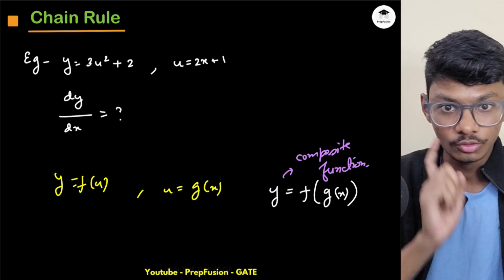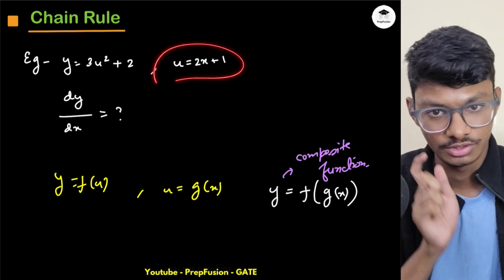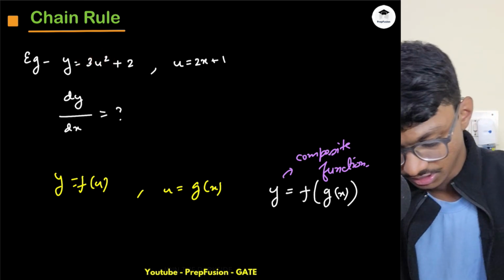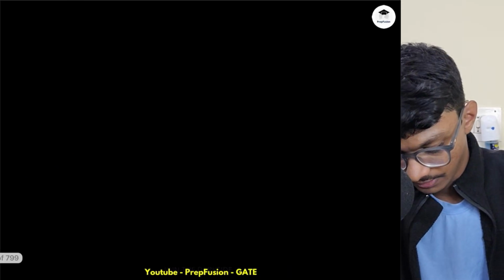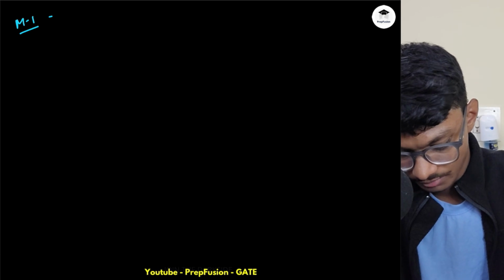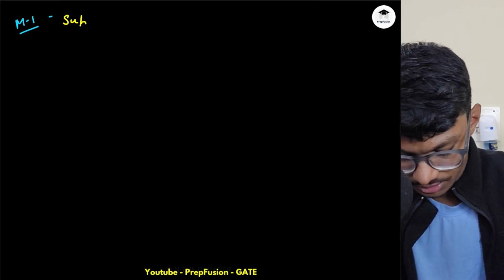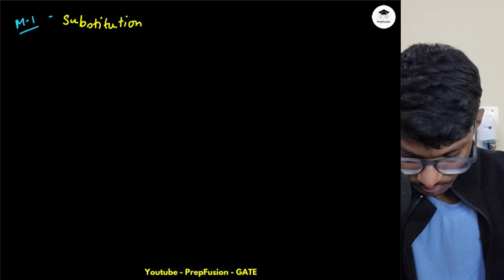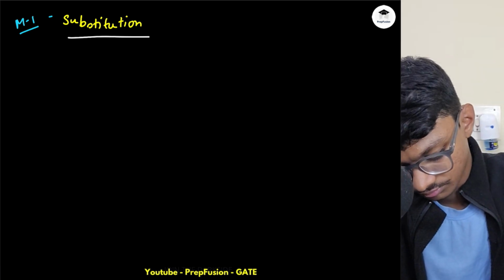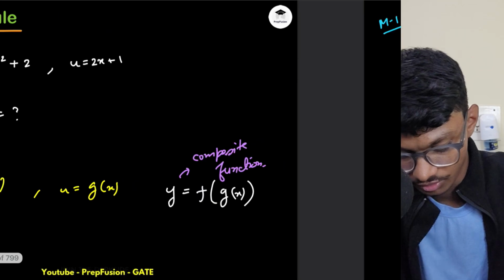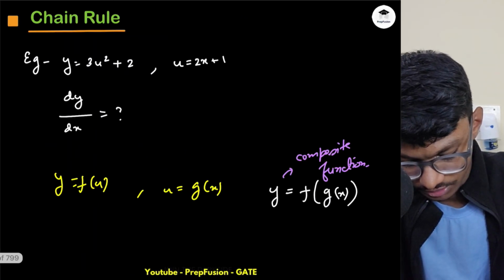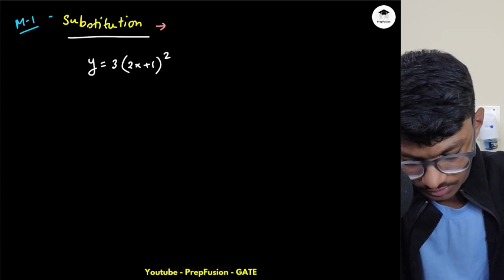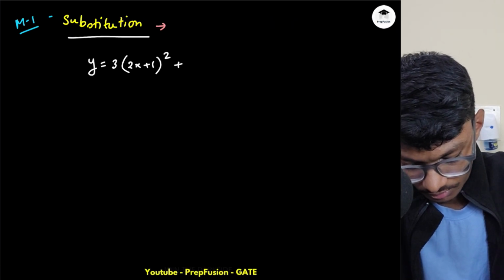So what you can do is one thing, substitution. Here u equals 2x plus 1, you can directly substitute and then directly find dy upon dx. So this is method 1, substitution. Basically y equals 3 into 2x plus 1 whole square plus 2.